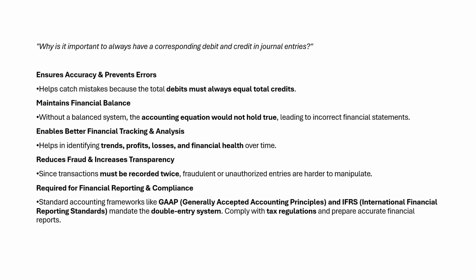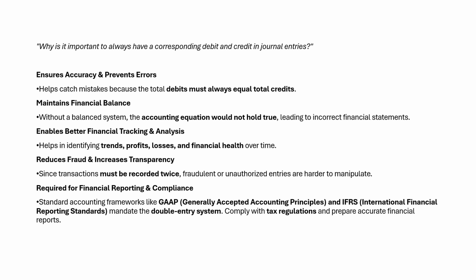To wrap up and answer the question we asked earlier, why is double entry so important? Why is it important to always have a corresponding debit and credit in journal entries? There are some suggested answers. I mentioned some of them earlier. Ensures accuracy and prevents errors.